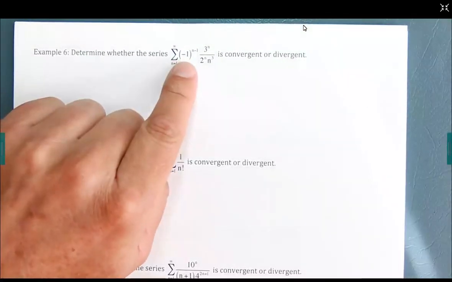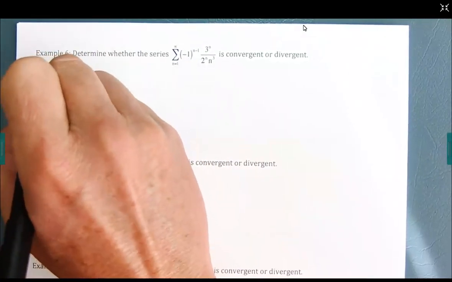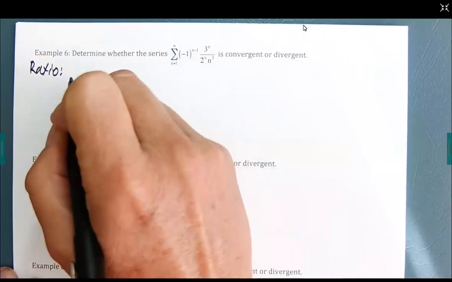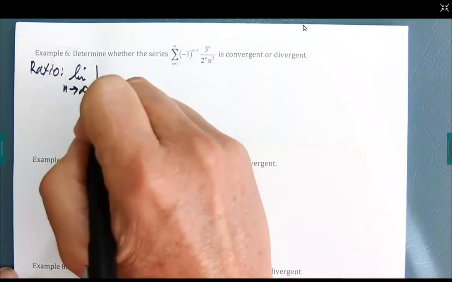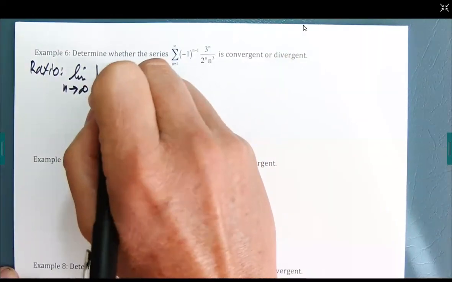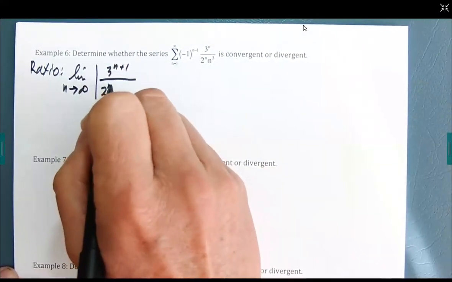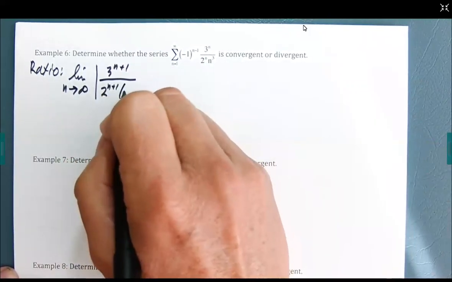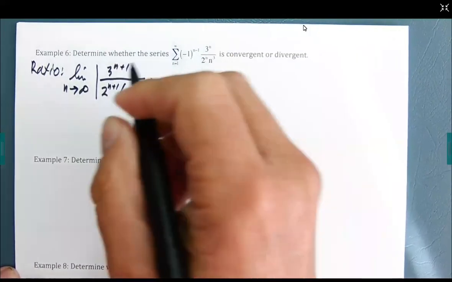Again, the -1 becomes irrelevant. So we're going to use the ratio test. With the limit as n goes to infinity of absolute value 3 to the n plus 1 over 2 to the n plus 1, n plus 1 to the third, times the reciprocal of that, because we're actually dividing it.